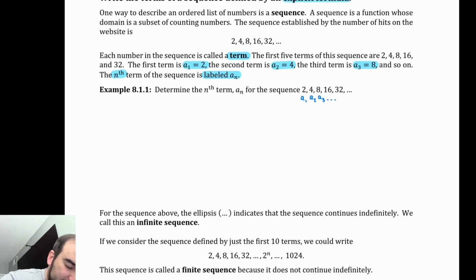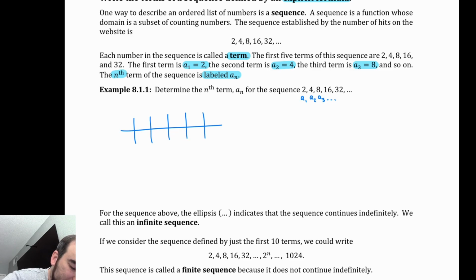Easiest way to analyze and find a pattern, because if you want to find a formula for the nth term, we're not looking for a pattern from one term to the next, but rather a relationship between n and the value of the term.